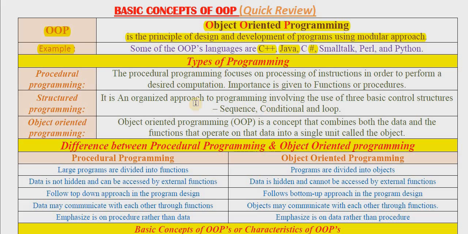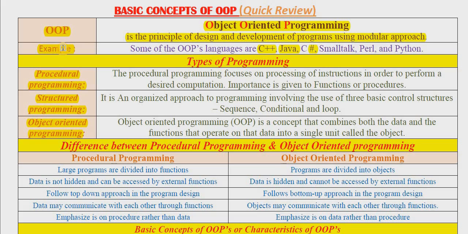In last class we already discussed there are different types of programming techniques. The names are procedural programming, structured programming, and object oriented programming. Procedural programming means in this technique, importance is given to procedures or functions.